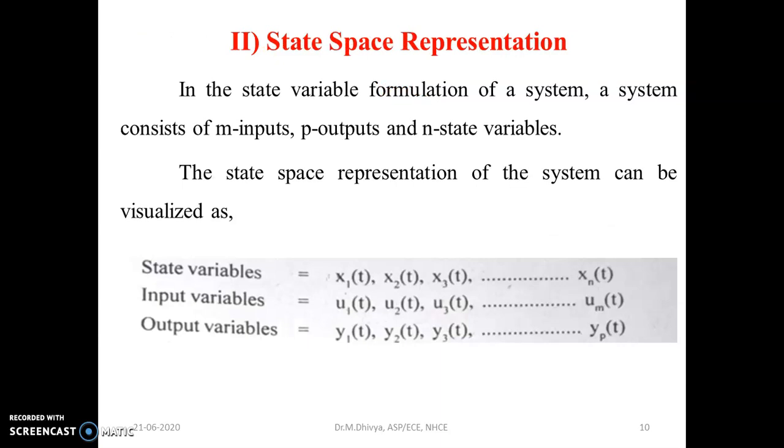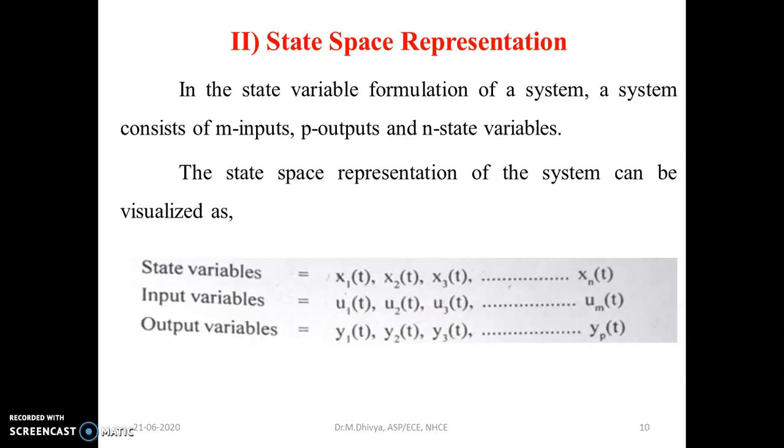State space representation. We know the state of the system is a minimal set of variables such that the knowledge of the variables at time t equal to 0, together with the knowledge of the inputs for t greater than or equal to t naught, completely defines the behavior of the system.